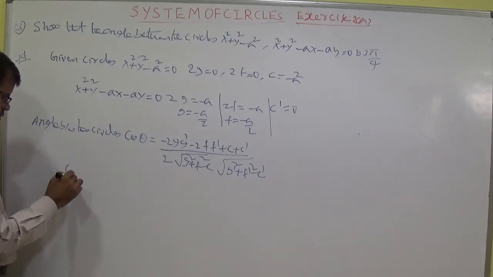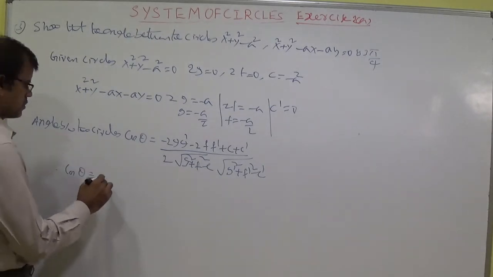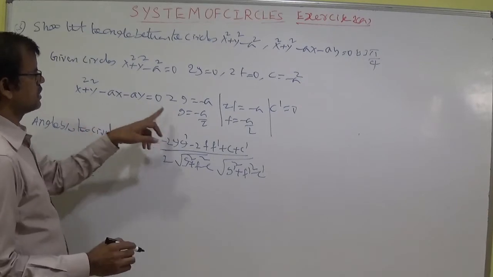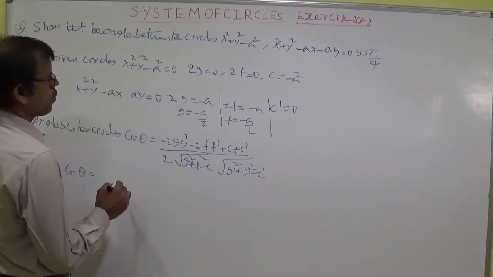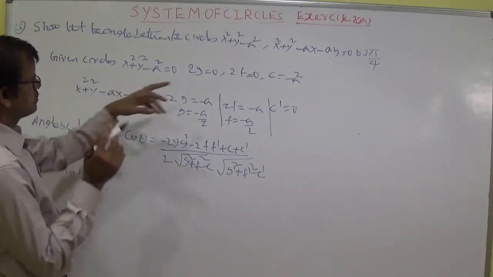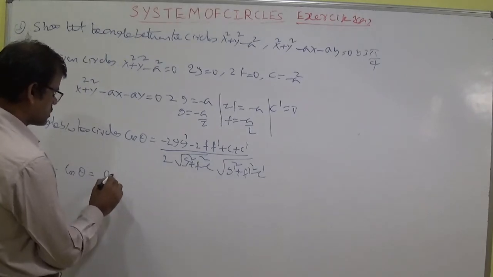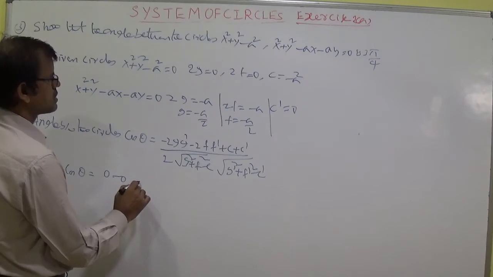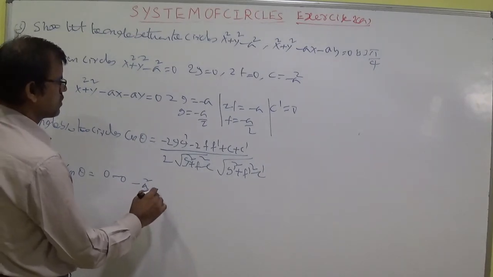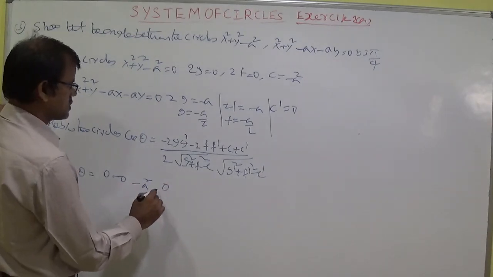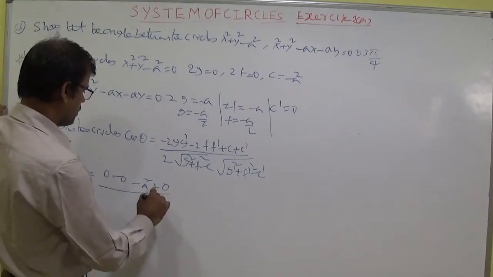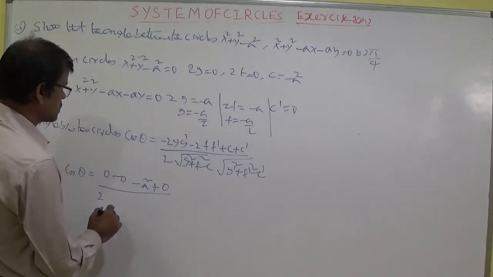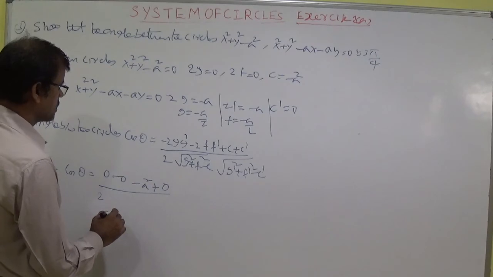Therefore, cos theta is equal to 2g, here of course it is 0. 2g dash is also 0, so no need to write the values. Plus c, minus a square, plus c dash, this is 0, whole by 2 into root of g square plus f square minus c.